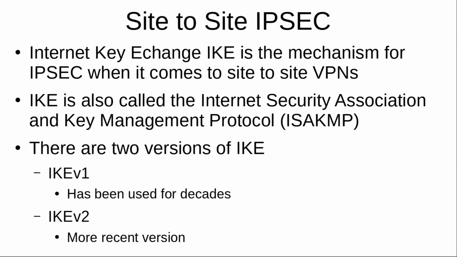Internet Key Exchange, or IKE, is the mechanism for IPsec when it comes to site-to-site VPNs. IKE is also called the Internet Security Association and Key Management Protocol, or ISAKMP. There are two versions of IKE: IKE version 1, which has been used for decades now, and IKE version 2, which is a more recent version.